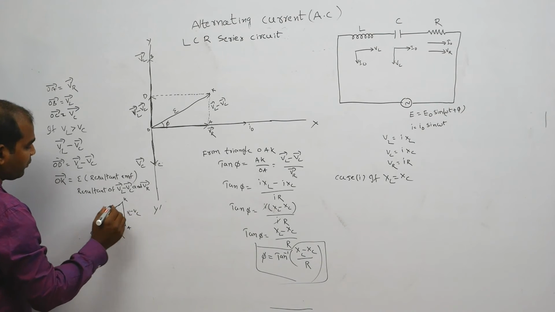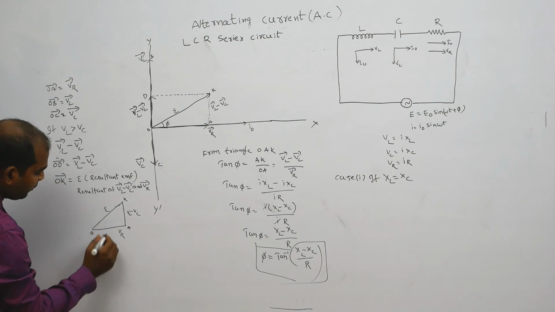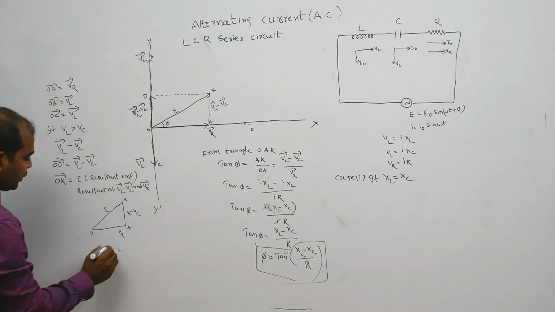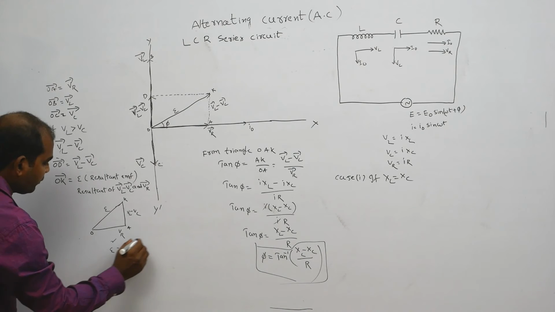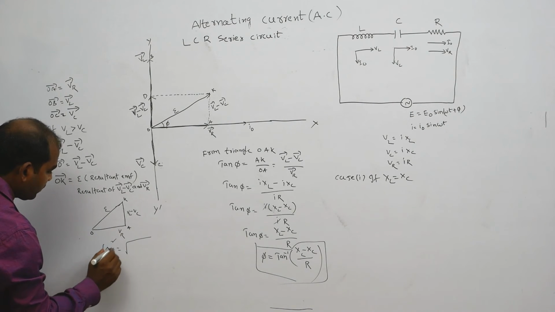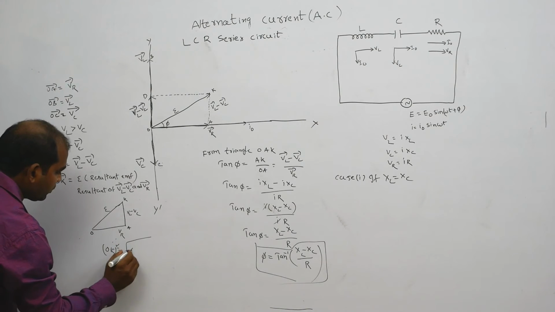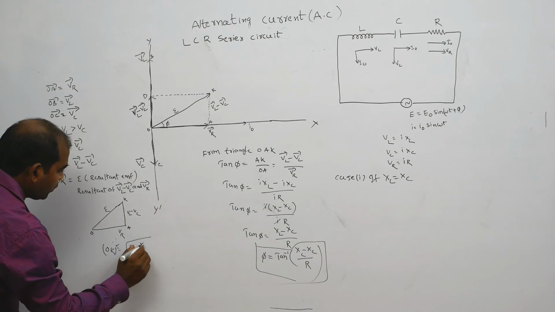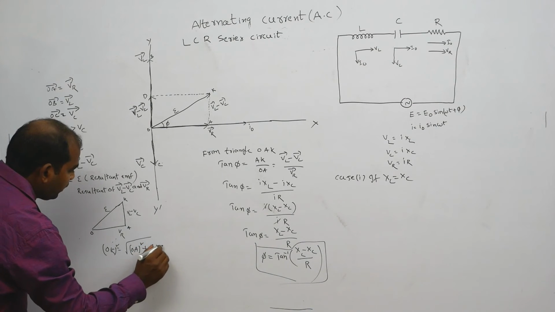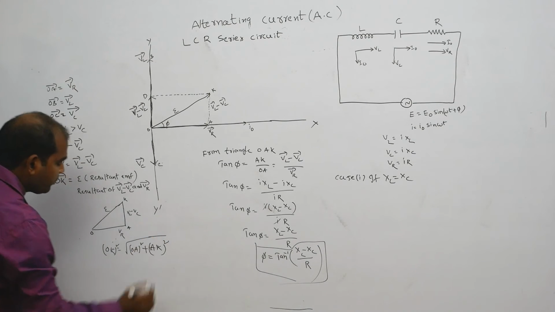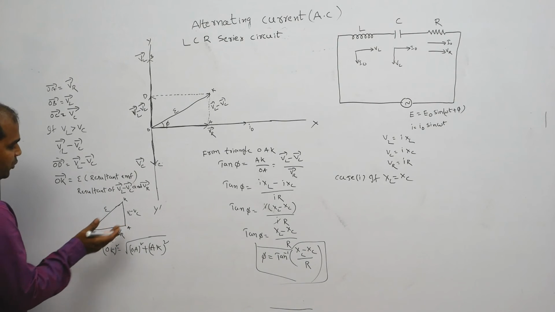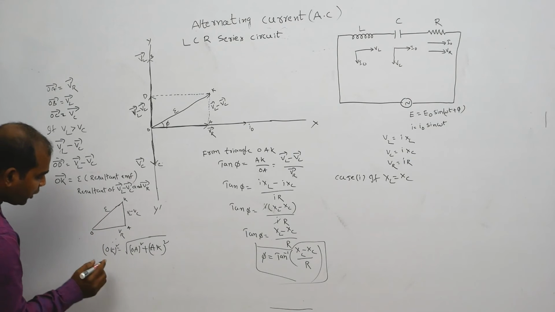This is the EMF. So individual EMF, according to Pythagoras theorem, E square can be written as OK square, which is OA square plus AK square. That means hypotenuse square is equal to side square plus side square. What is the OA value?